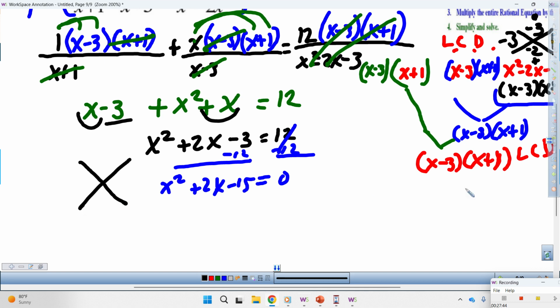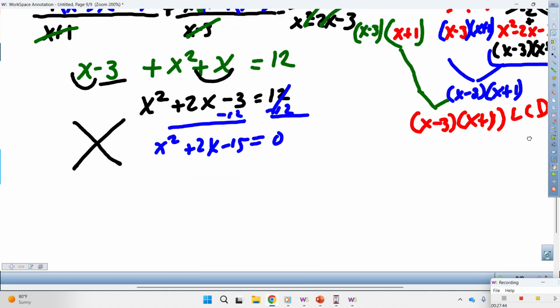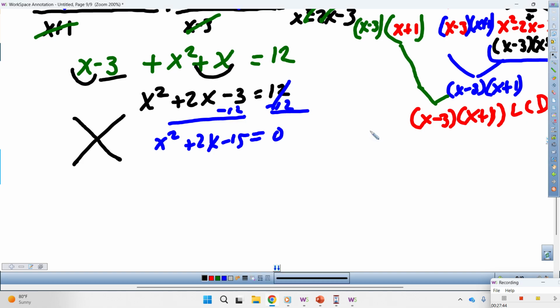Tell your neighbor what two numbers multiply to give me negative 15, and when you add them give us positive 2.